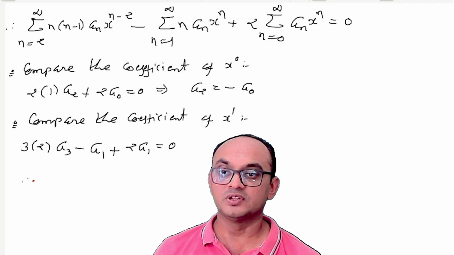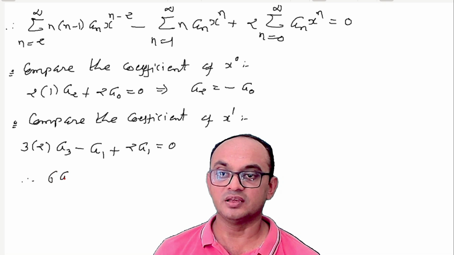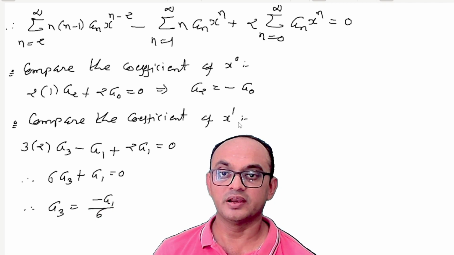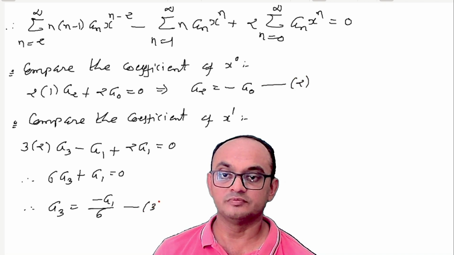Therefore, this is 6a3 minus a1 plus 2a1, which is plus a1, equal to 0, and therefore a3 is equal to minus a1 upon 6. Let me say this is relation number 2, this is relation number 3.